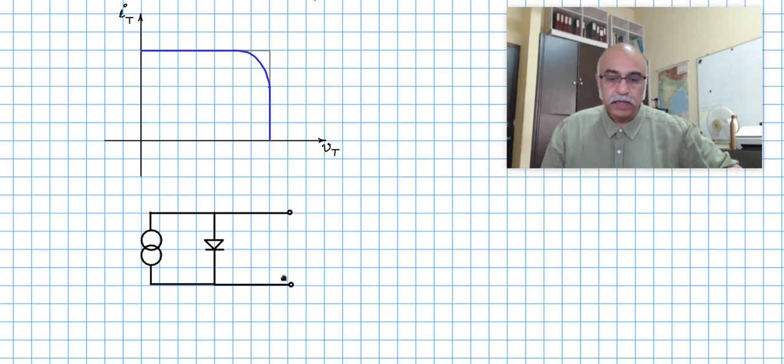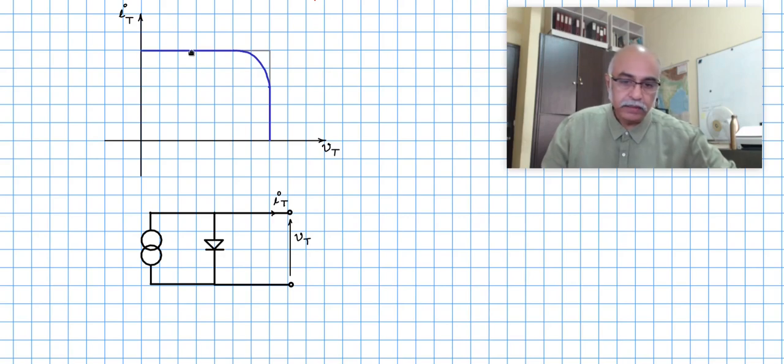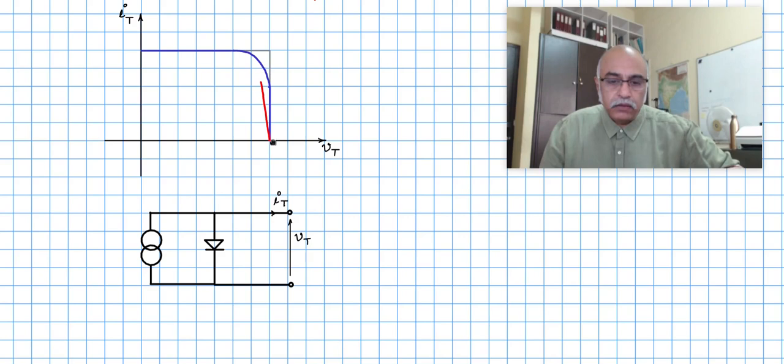So across the terminals you have Vt and It, resulting in a characteristic as given by this blue curve. So now let us say that this part of the line, which is supposed to be a real constant, will have a slight slope like this.